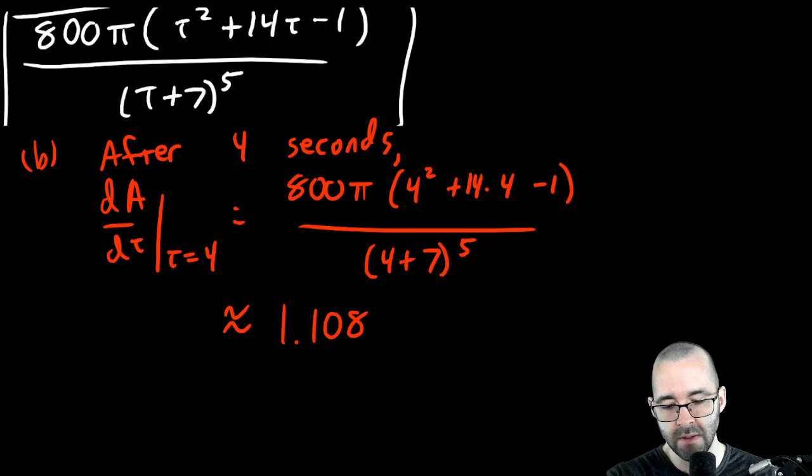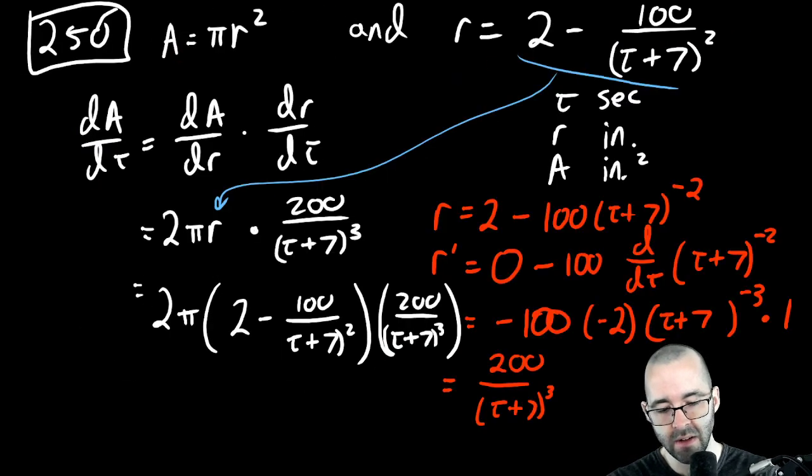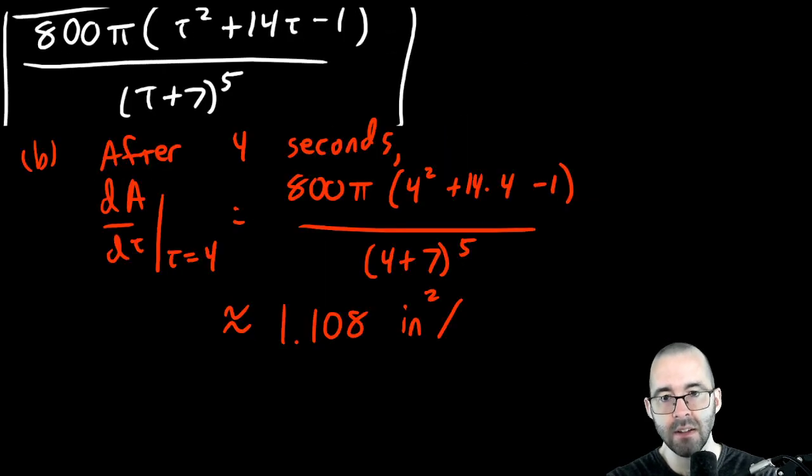What are our units? Area was in inches squared, and time was in seconds. So it's going to be the rate of change of area over time, so inches squared per second.